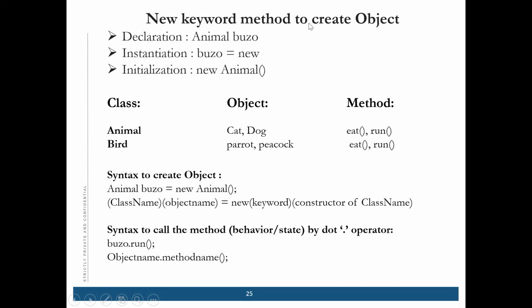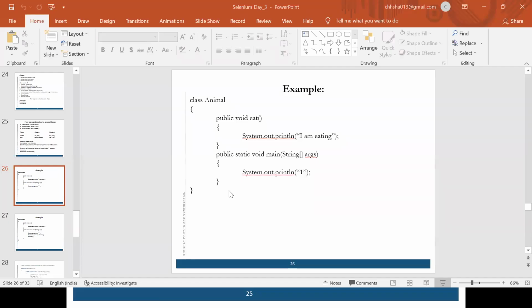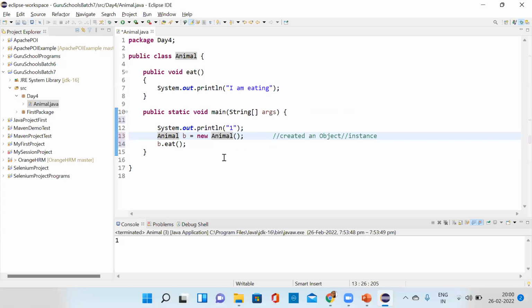First comes the class name, then the object name, then equal to, then new is the keyword, and then the constructor. Constructor is nothing but the class name and parenthesis. Everyone clear? Any doubt?